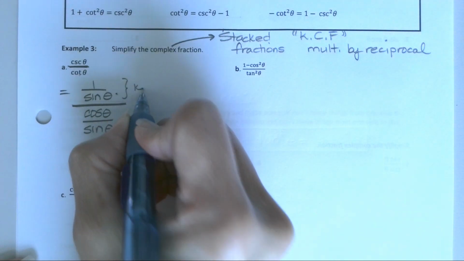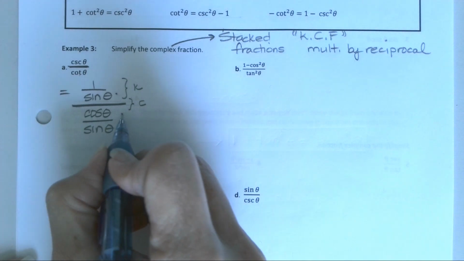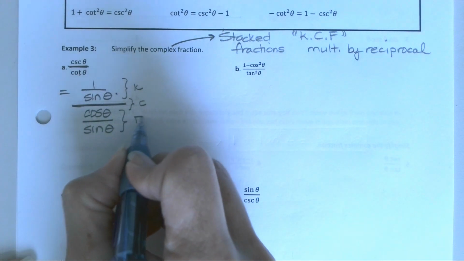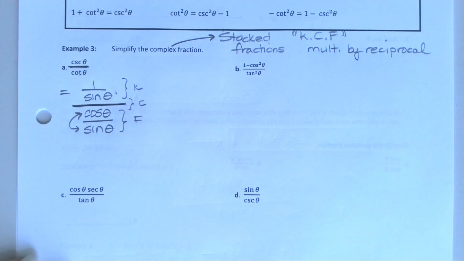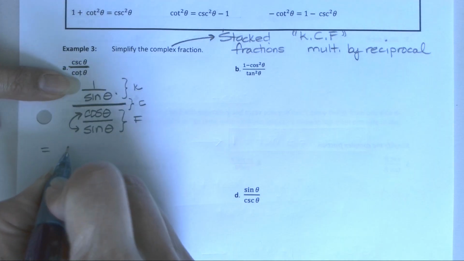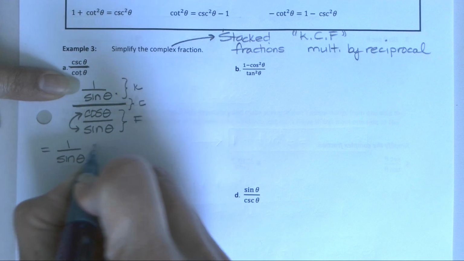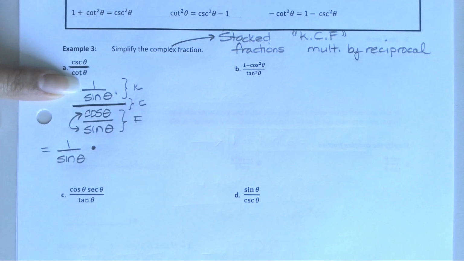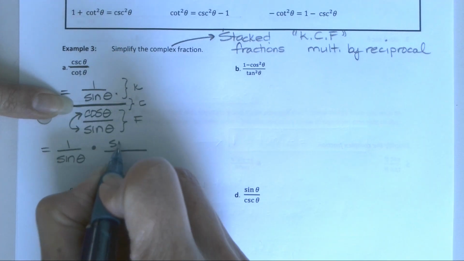You are going to keep this, the division bar you're going to change to multiplication, and this one right here you're going to flip by exchanging your numerator and your denominator. That's the keep, change, flip. So how do we write that out? We keep the top fraction, 1 over sine theta. We change our division to a multiplication. And then I interchange my numerator and denominator.